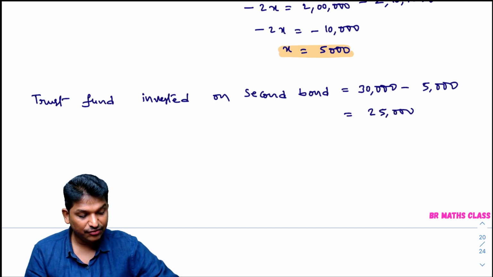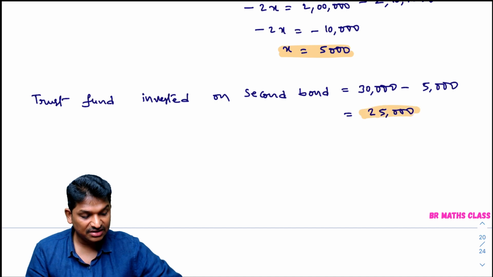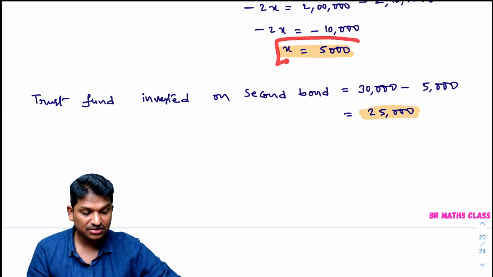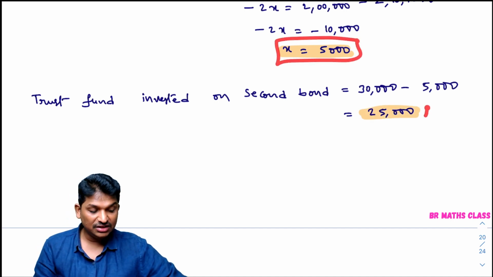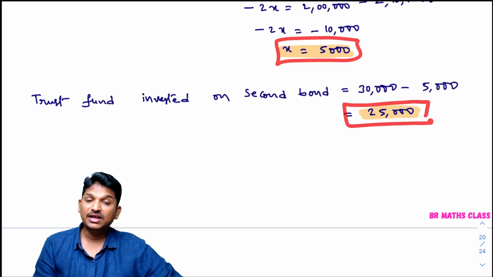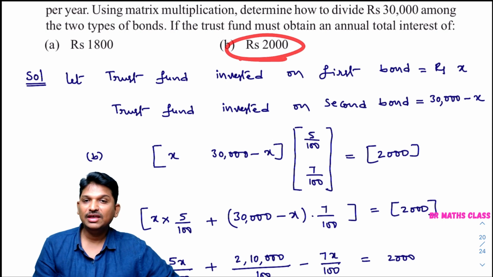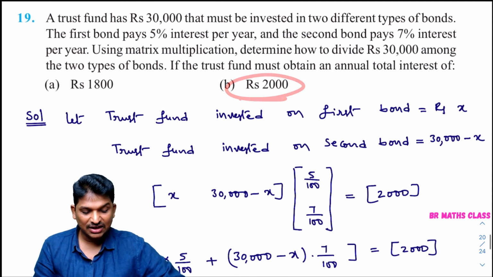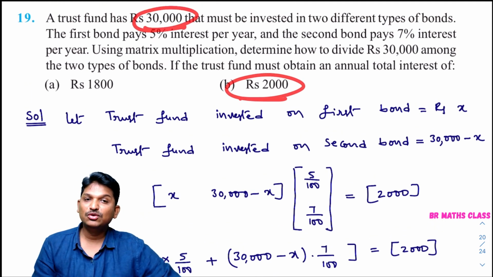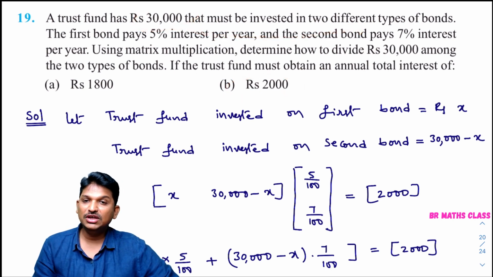Listen carefully here. If we invest 5,000 rupees on first bond, 25,000 rupees on second bond, then you will get annual interest of rupees 2,000. Suppose you are the person having 30,000 rupees. You need to invest the amount in two bonds. So in what way you will invest?